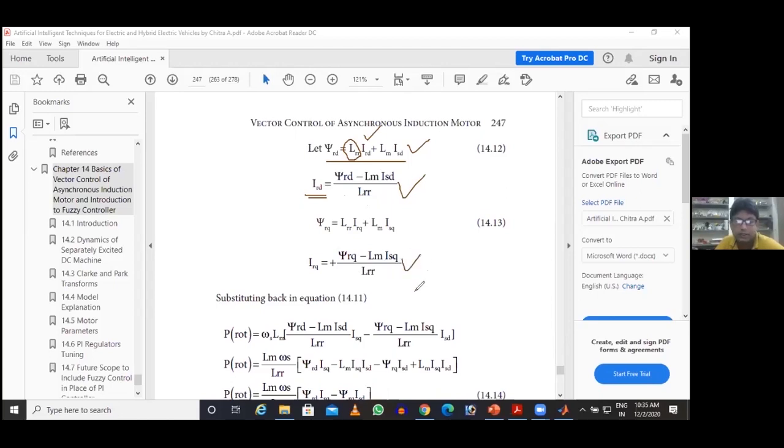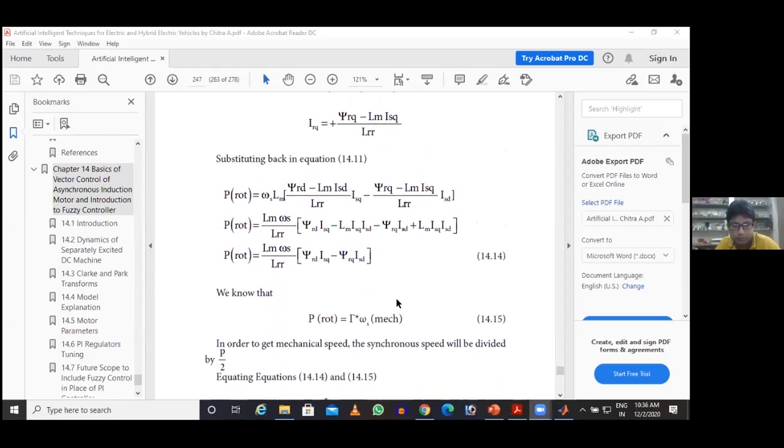So it comes like this. Now, in the previous equation, in place of I_RD, I am putting this, and in place of I_RQ, I am putting this. Now, I am simplifying it. After simplifying, it comes like this.